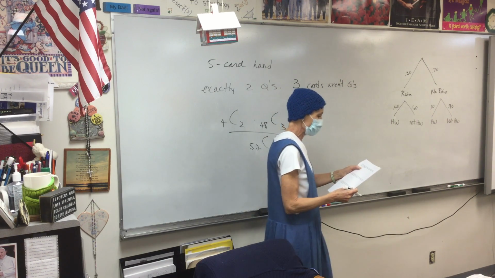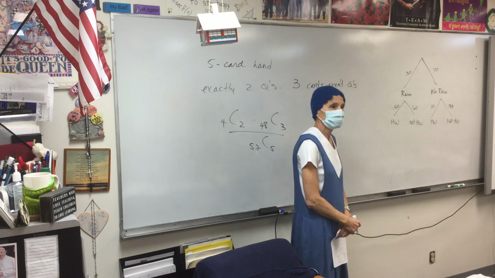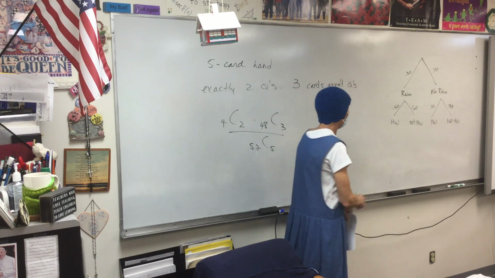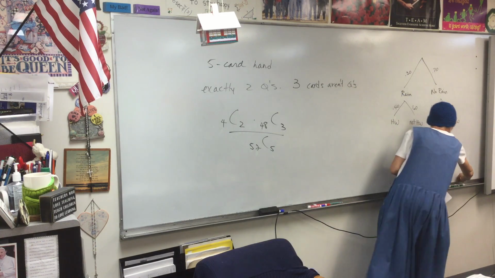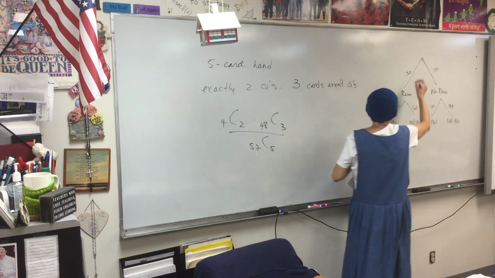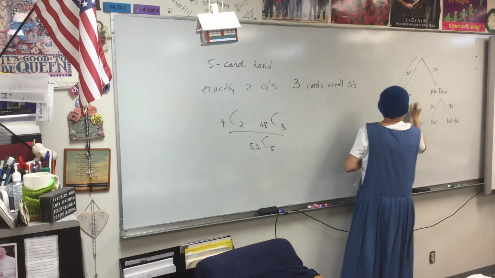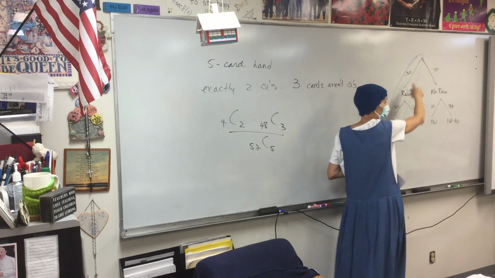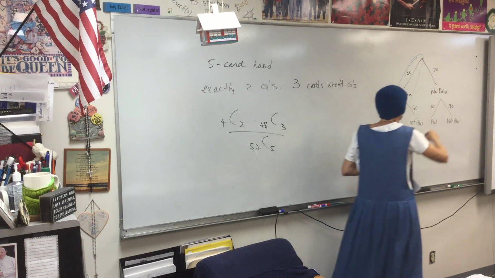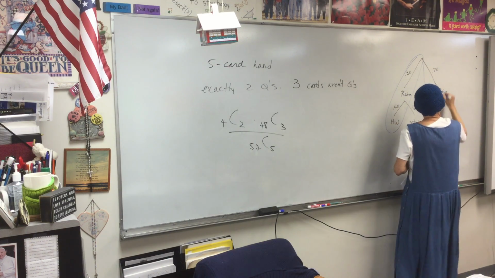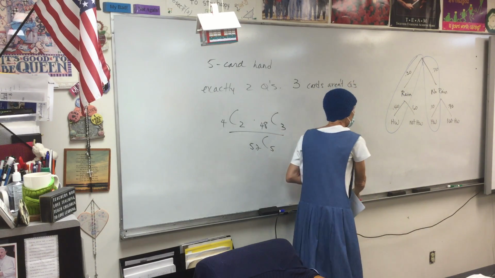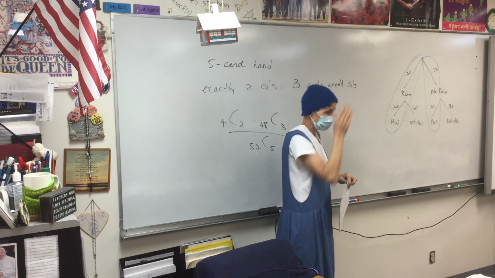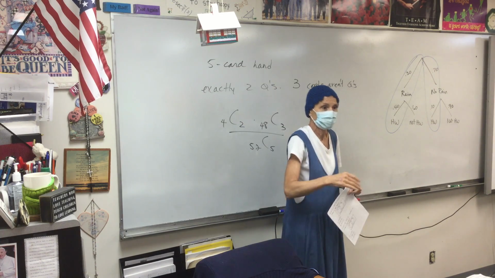Now the question says, find the probability he'll do his homework. Well, he'll do his homework, kids, either on this branch. Would you agree he's doing homework on that branch? Or he'll do his homework on this branch. Would you agree with that? So there are two ways that he can do his homework.